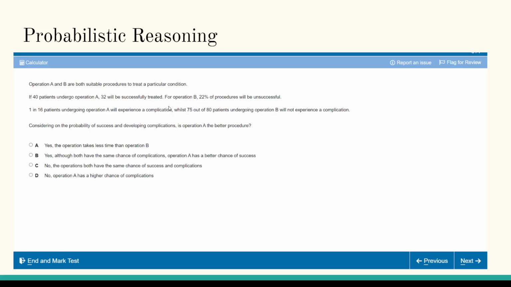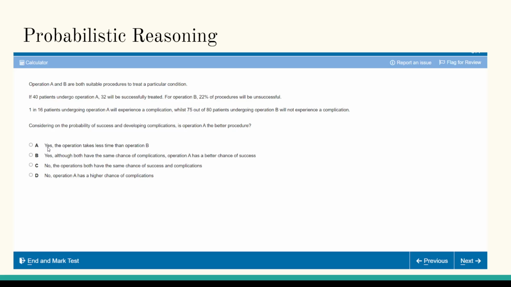That should get you 0.8, 80% in other words, which would mean that operation A has a higher success rate than operation B.